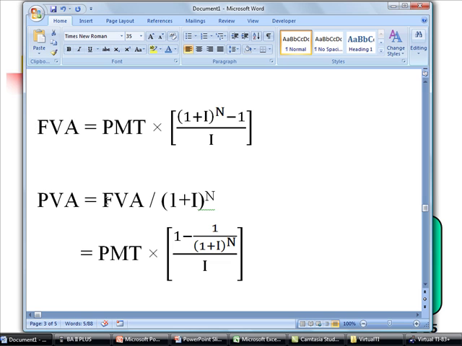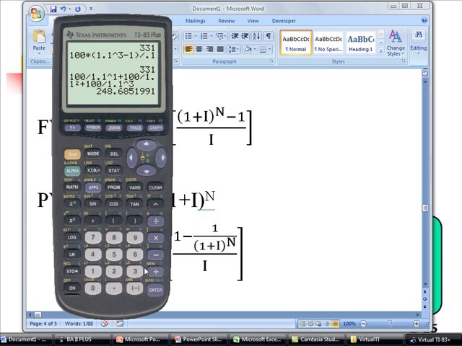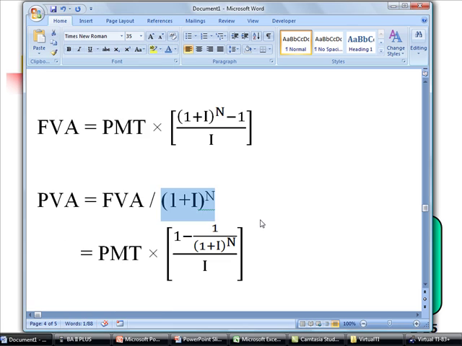So if you already knew the answer of 331 for the future value, you could just divide that by 1 plus i to the n. As an example, I could take the 331 and divide by 1.1 to the power of 3 and get the answer that I was looking for. Now if you don't already know, then one way would be to find it using the future value formula and then divide the answer by 1 plus i to the n.